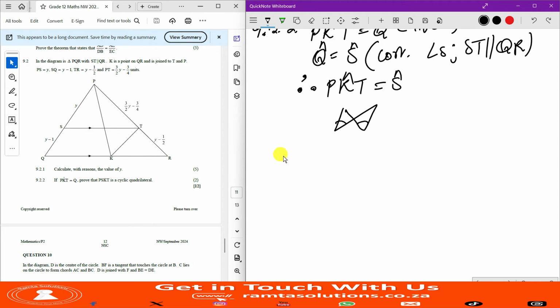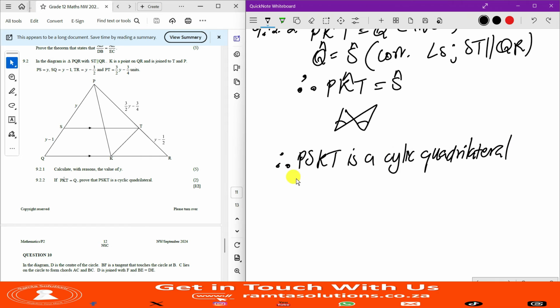Therefore, as I conclude, I will conclude by saying PSKT is a cyclic quadrilateral. But why do we say it's a cyclic quadrilateral? Because of the converse of what?